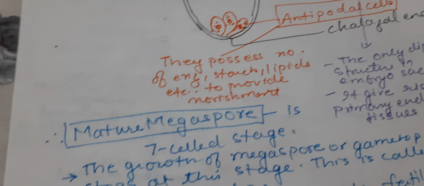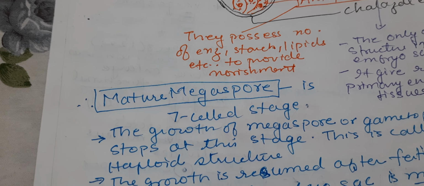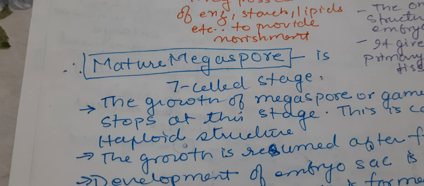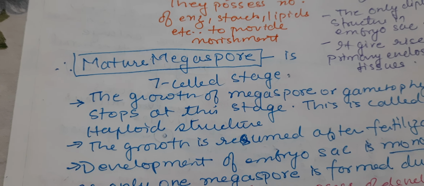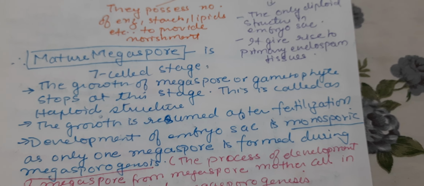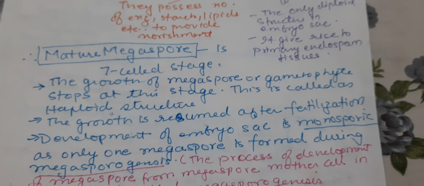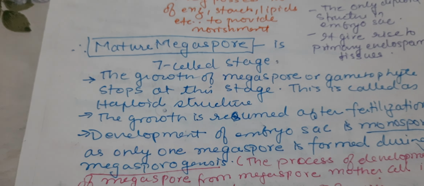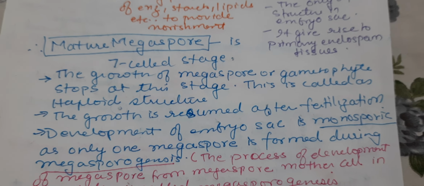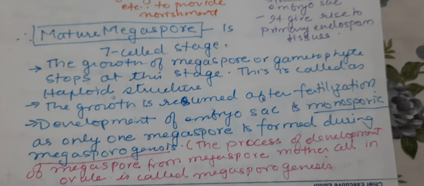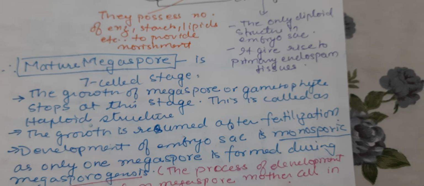If you look at the mature or functional megaspore, it is actually called the 7 cell stage and not the 8 cell stage. The growth of the megaspore or gametophyte stops at this stage, and this is called haploid. The overall structure is called a haploid structure. The growth is resumed after the fertilization and the development of the embryo sac.